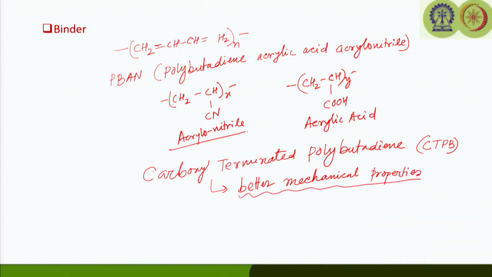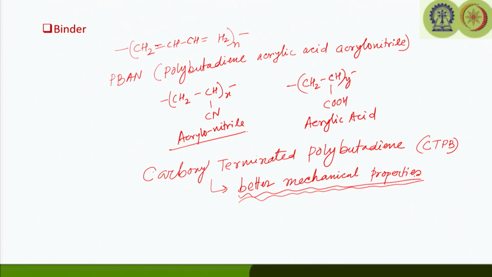Better mechanical property means it can give a good quality binder, which can hold the crystalline oxidizers and fuels better, and it will improve the mechanical property of the grain as well. So, that is one of the common binders which have been tried.